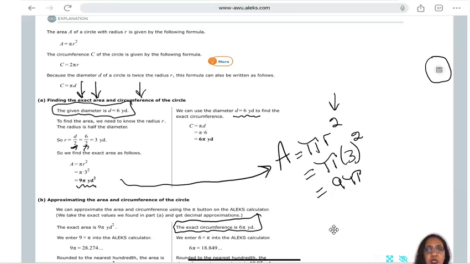You could use Desmos. But for the approximation, I always remember that the exact is just the number and includes pi. But the approximation is, for me, a little easier to remember because approximation usually is a decimal. It's not an exact number. And here we are rounding to the nearest hundredth.